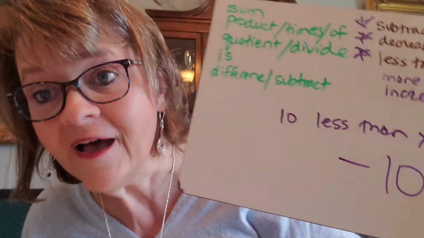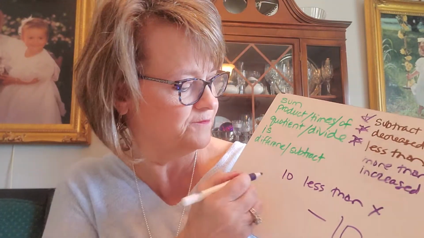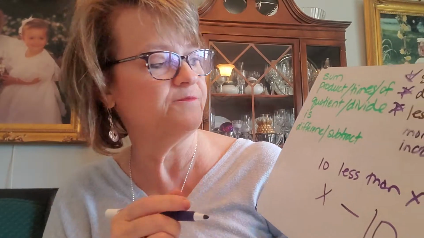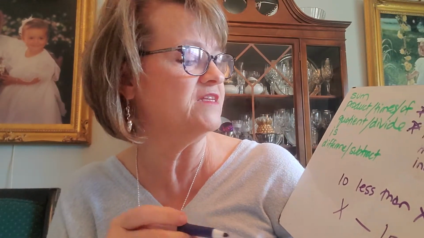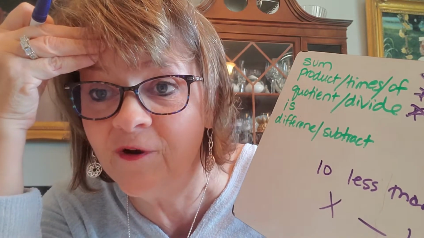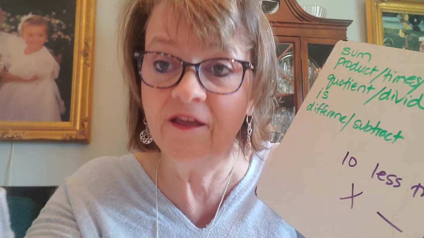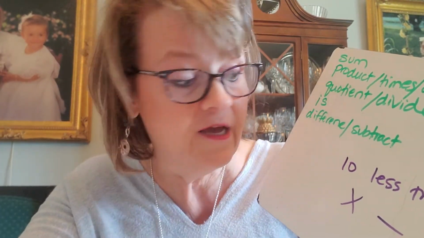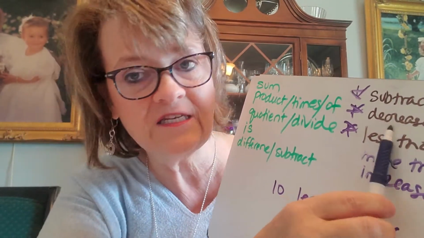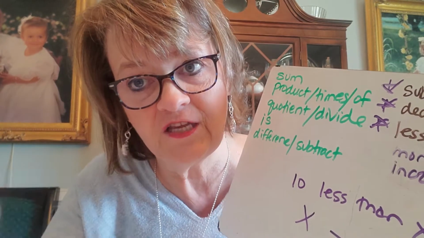Subtract 10 from what? From X. So it changes the order. If I said 3 subtract 8, or let's say 8 subtract 3, you would just write 8 subtract 3, 8 minus 3, that's fine. But less than, subtract from, and decreased by are going to change the order.